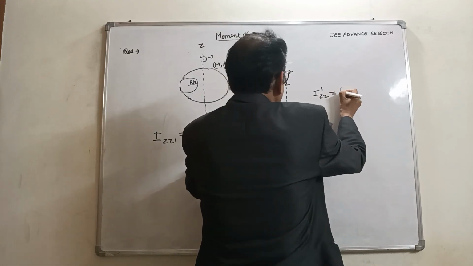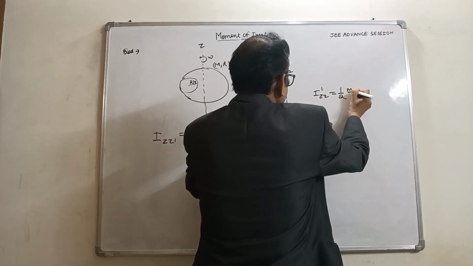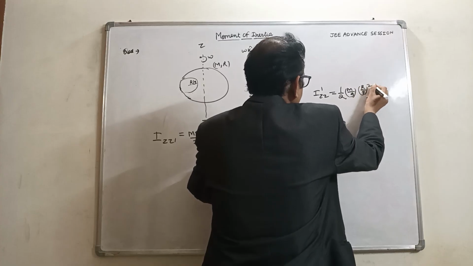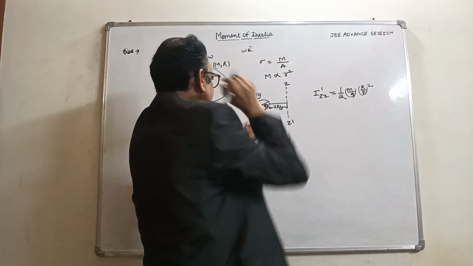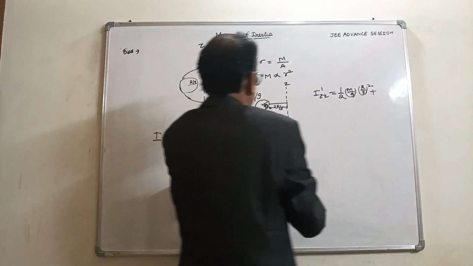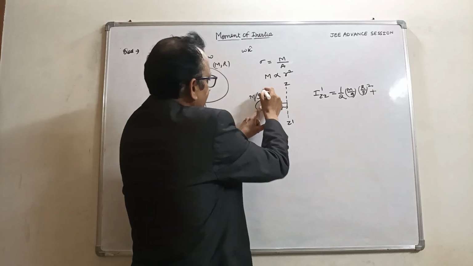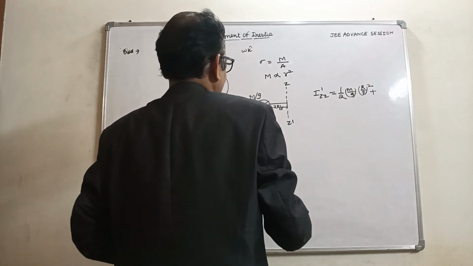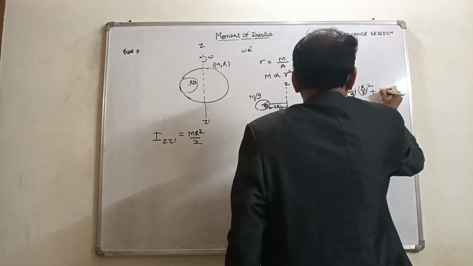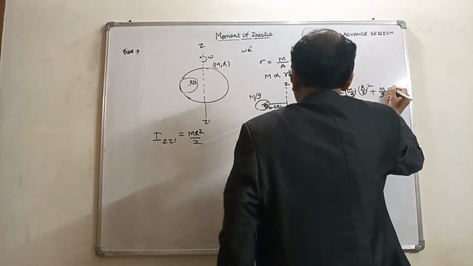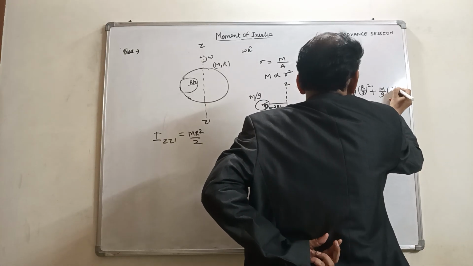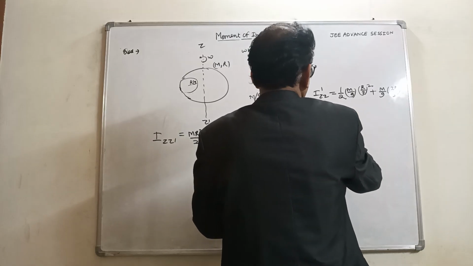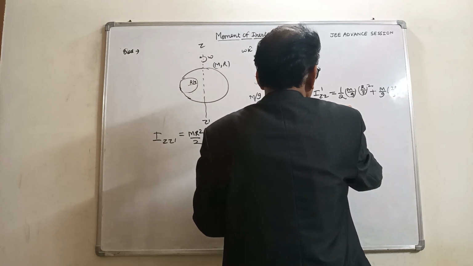So moment of inertia of the disk would be half mr square, mass is m by 9 and radius is r by 3. And we apply the parallel axis theorem. So the mass is m by 9 and distance will be 2r by 3 whole square. So this becomes half mr square by 3.